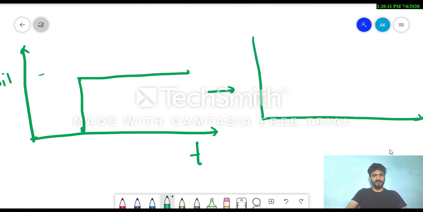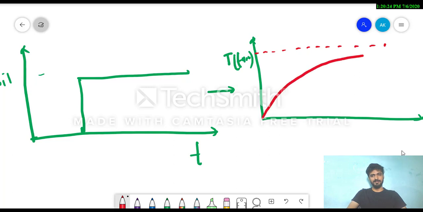I am drawing it in this way, T of tank. So there must be a steady state value, and you will be getting these things in this way.